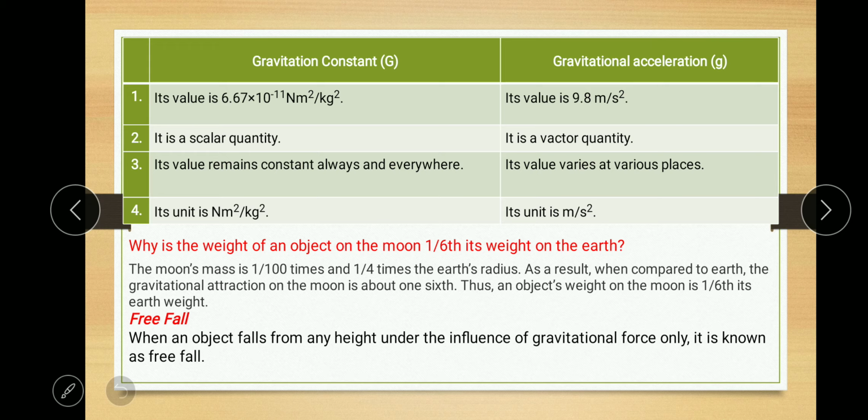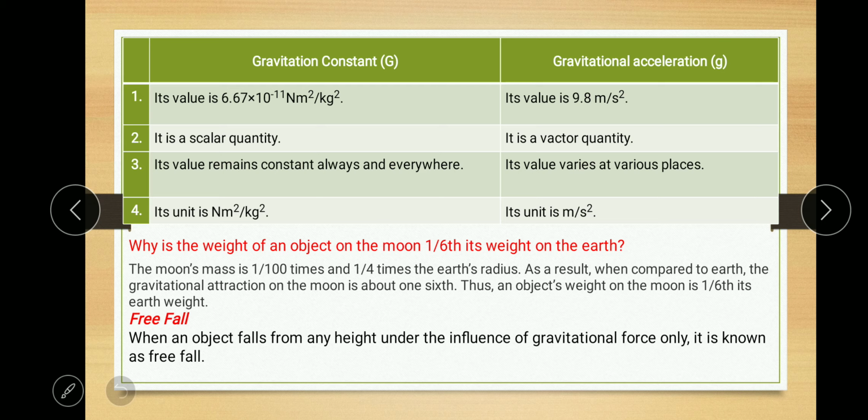If it is towards the earth, it is minus g, and upwards from the earth, it is plus g. I will explain. Next, the value of capital G remains constant always and everywhere, while the value of small g varies at various places. As I explained previously, capital G does not depend on the medium, maybe air, water, or any liquid. Capital G is always the same, but small g varies according to the medium. The unit is Newton meter square per kg square for capital G, and for small g it is meter per second square.